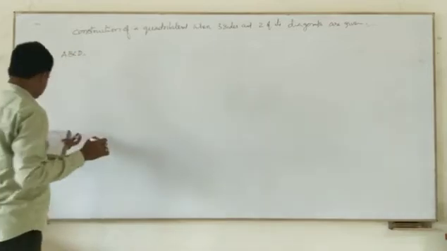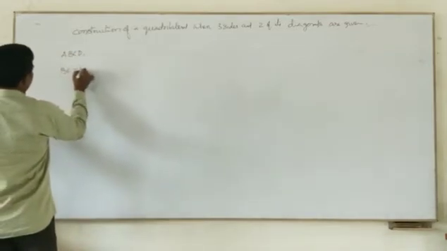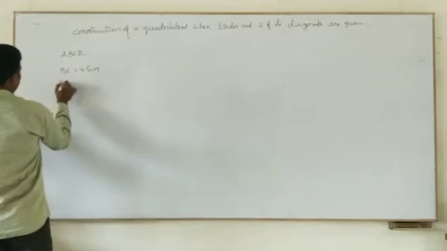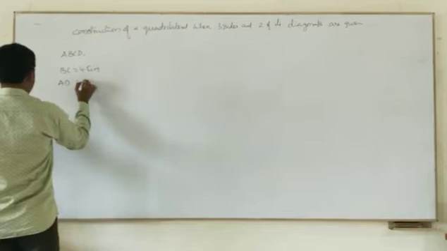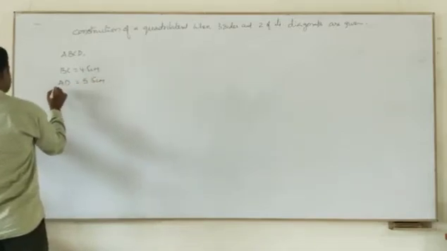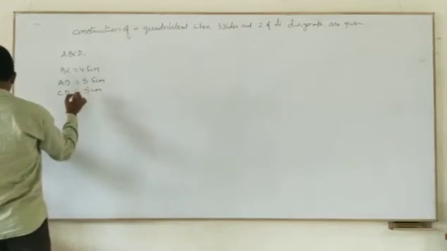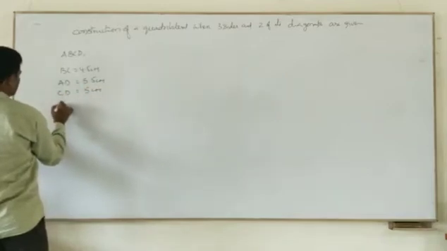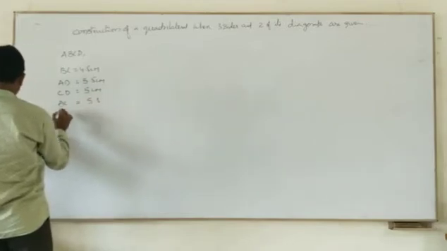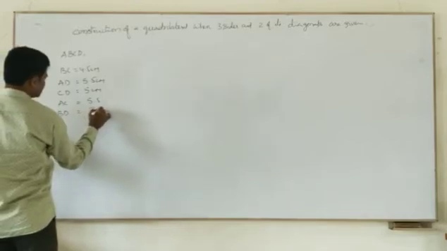Here are the given measures: BC equals 4.5 centimeters, AD equals 5.5 centimeters, CD equals 5 centimeters, and AC equals 5.5 again, and BD equals 7 centimeters.